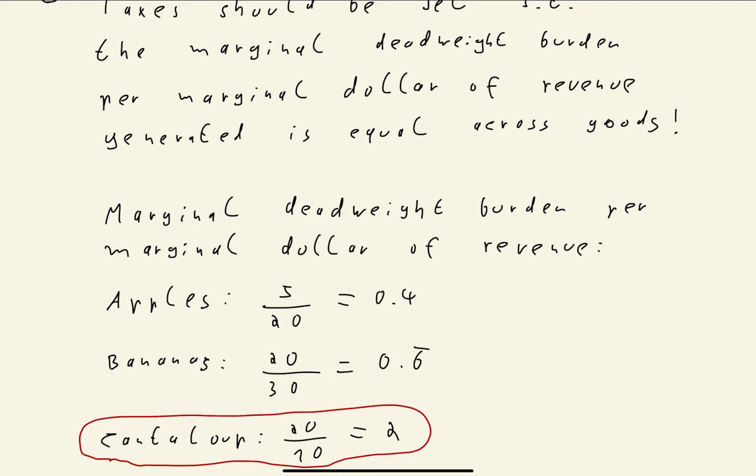So basically, the answer would be that we should cut taxes on cantaloupes for efficiency measures rather than for any other of the goods.